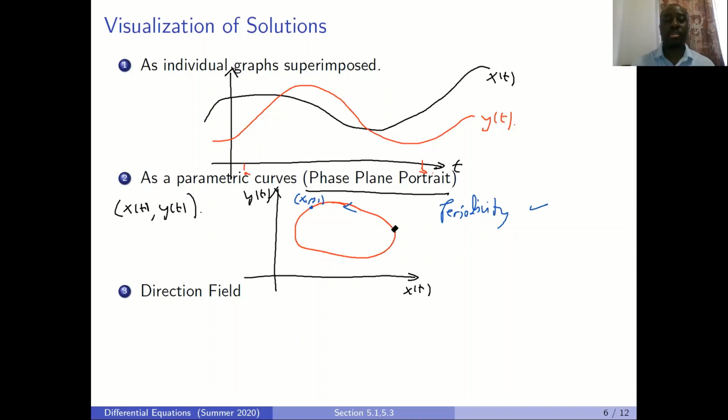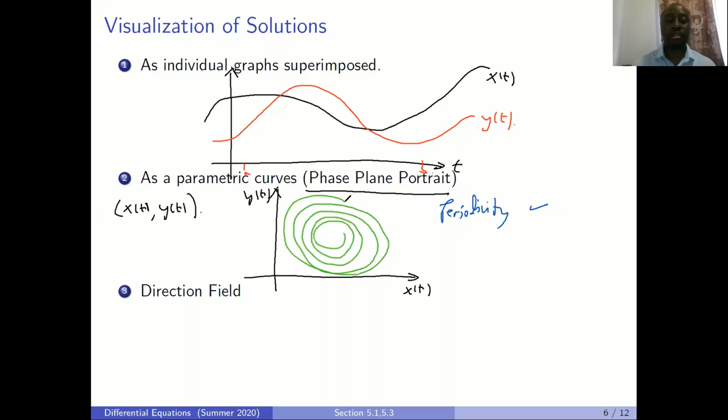Sometimes you can also get that your phase plane portrait demonstrates some kind of limiting behavior for your graph. So you could have that your curve just approaches some limiting value. So it goes round and around.